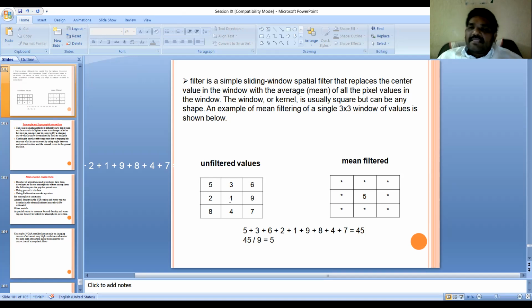This random noise will be removed in the process of filtering. Filtering means applying a 3 by 3 moving window, or 5 by 5, on the place where you want to remove the number. Here, a filter is a simple sliding window spatial filter that replaces the center value in the window.